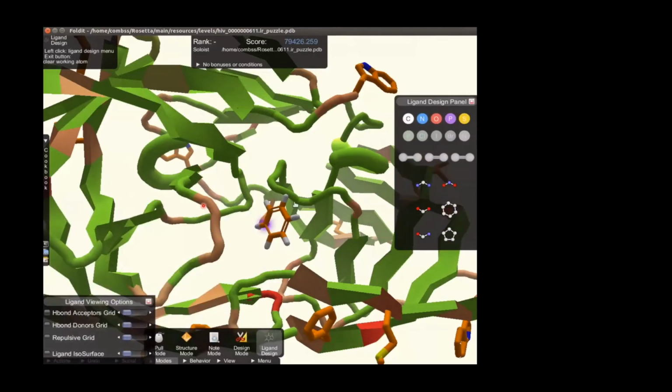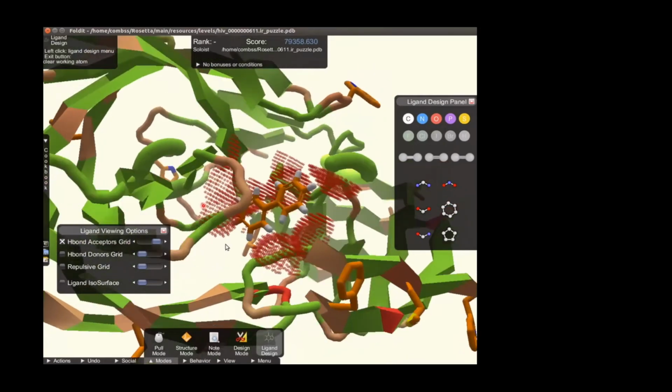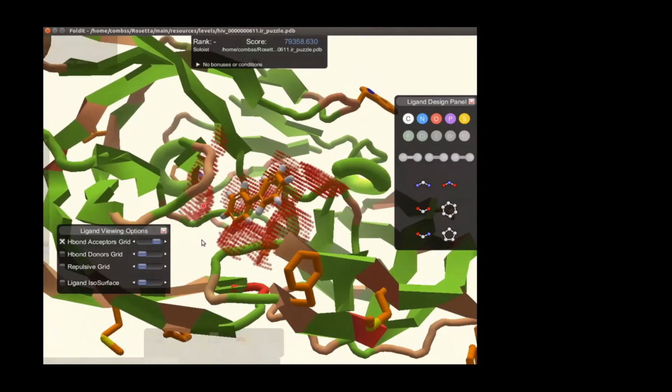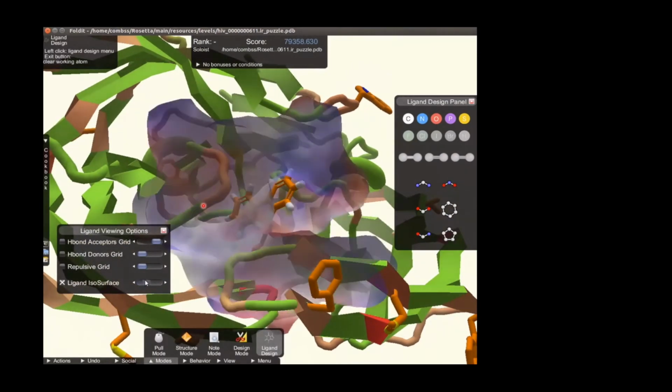So in this vein, we are actually writing a computer game. Some of you have heard of Foldit, a computer game where you can fold proteins and design proteins, which tries to engage citizen scientists. And so we are working on a small molecule design version of Foldit.